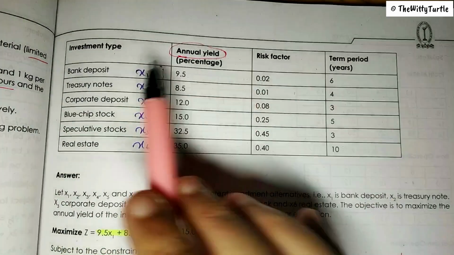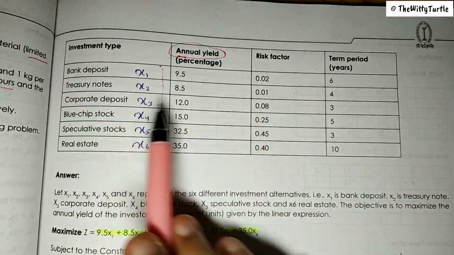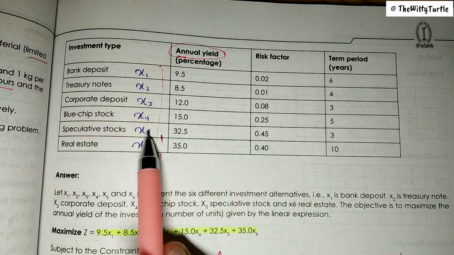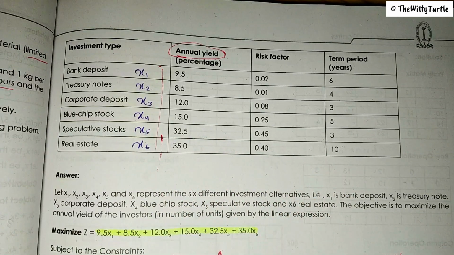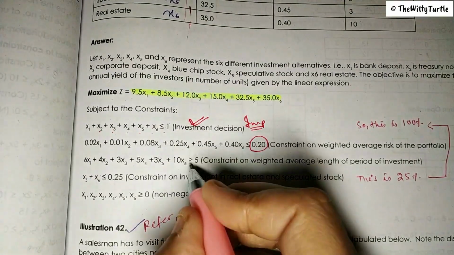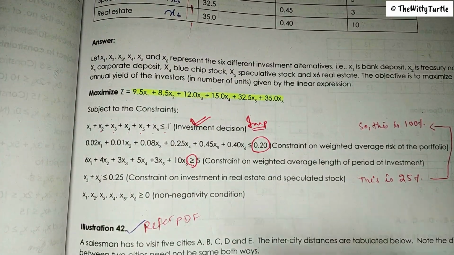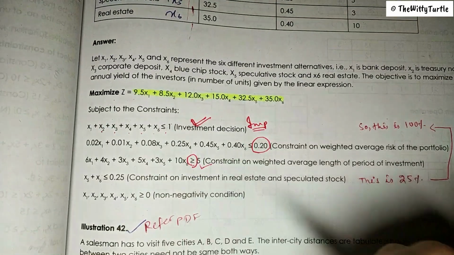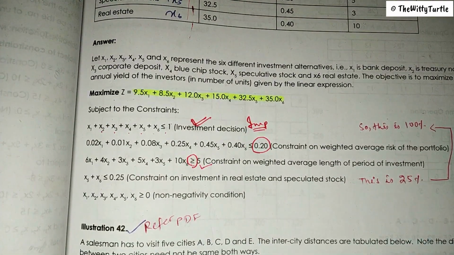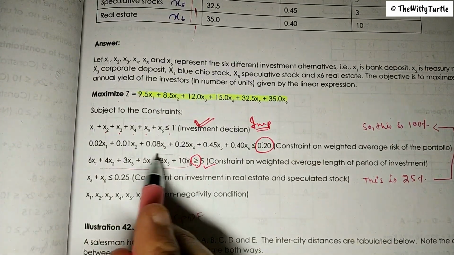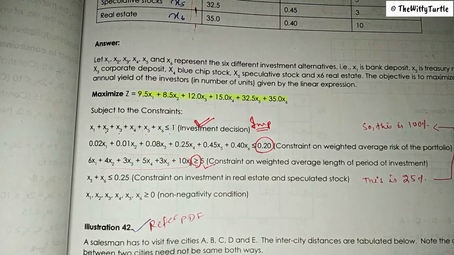So it will be 6x1 plus 4x2 plus 3x3 plus 5x4 plus 3x5 plus 10x6. All these things should be more than or equal to 5. Why more than or equal to 5? Because the question has said minimum 5 years it must be. It can be more than 5 years, but at least 5 years you have to keep. So this total period should be more than or equal to 5.